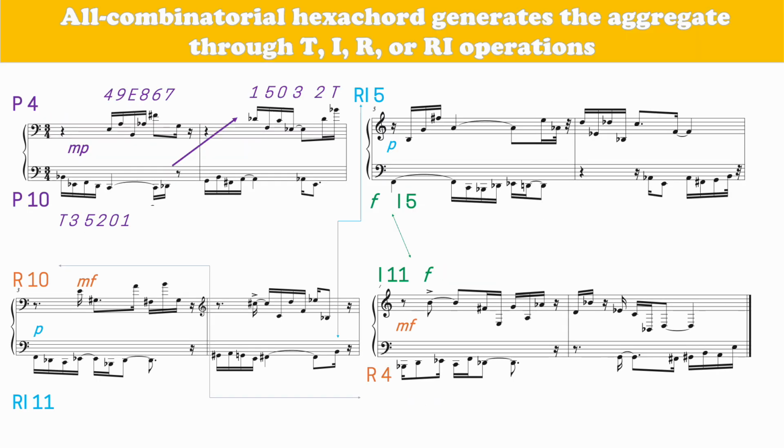The 4 dynamic levels also map onto the work's pitch structure based on an all-combinatorial hexachord 023-457. Applying one of 4 serial procedures to the hexachord itself produces the complementary hexachord, thus completing a 12-tone aggregate every 2 measures in each hand.